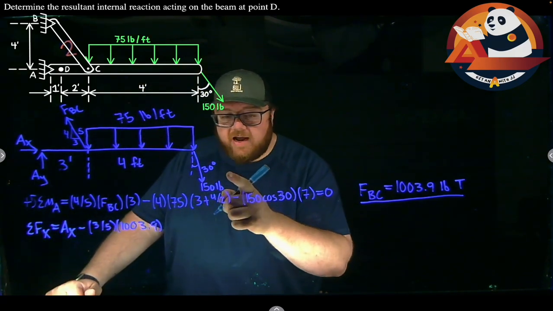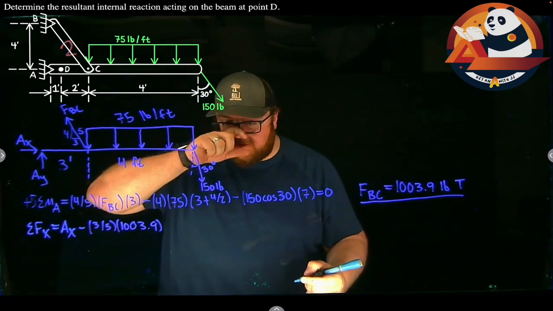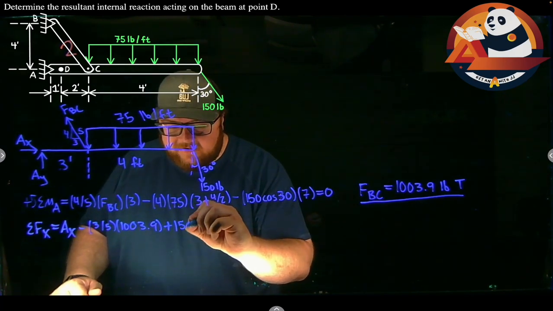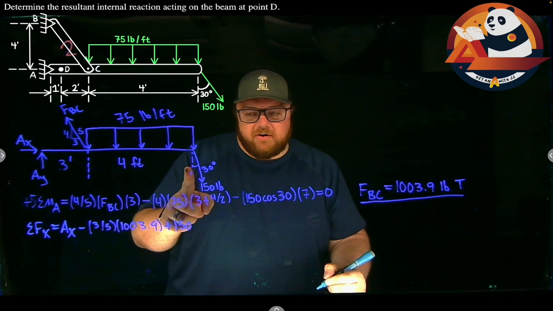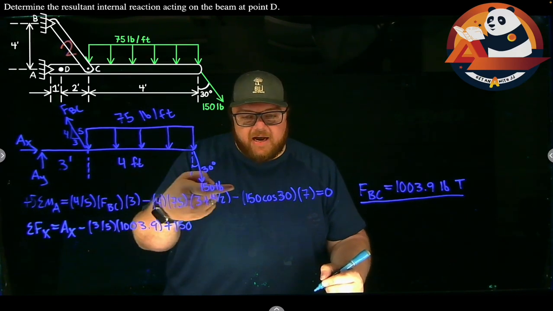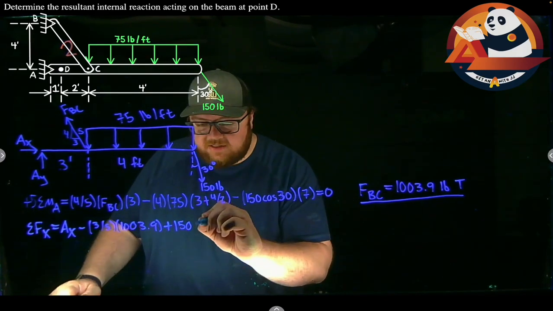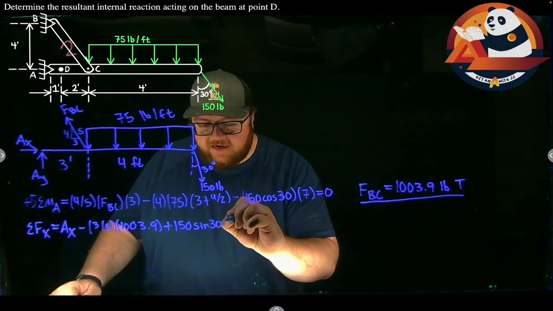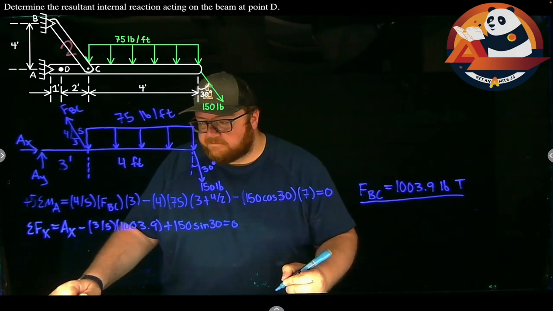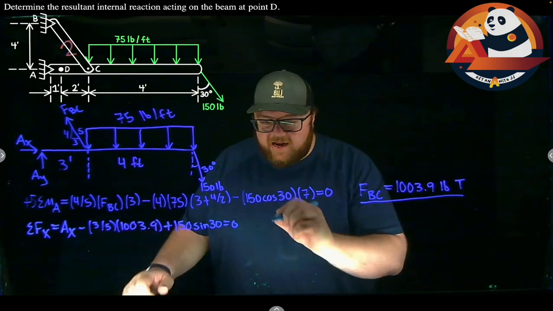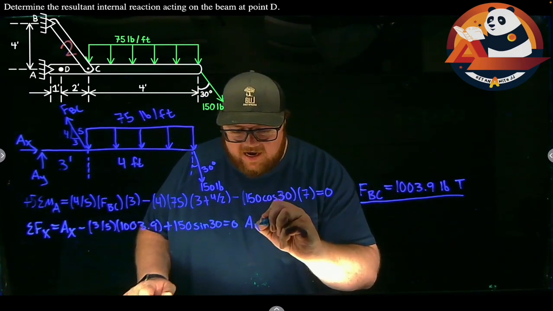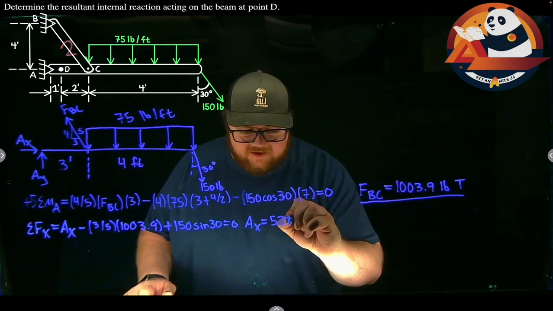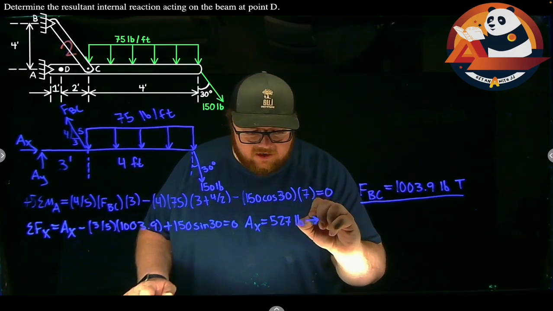And going to the right, I have an x component of this 150-pound force, so I'll add it in, plus 150. Because that angle comes from vertical, I need to use sine to get that x component in here. So sine, because x is opposite the angle, sine 30 gets us to 0. Solving for AX will give us that AX is 527 pounds going to the right.